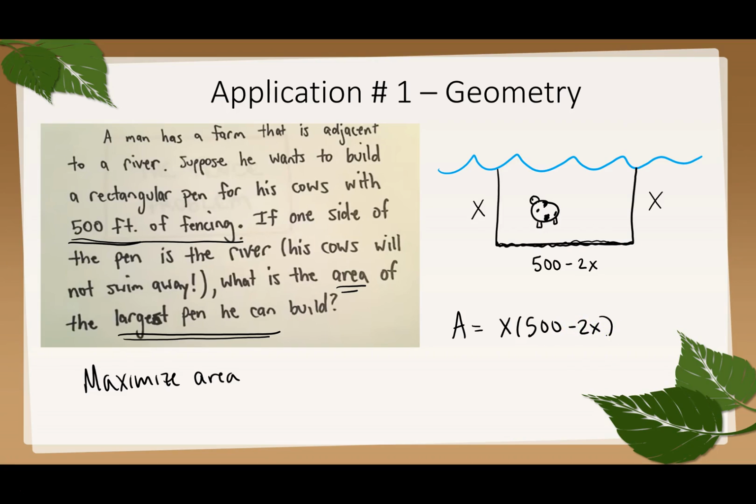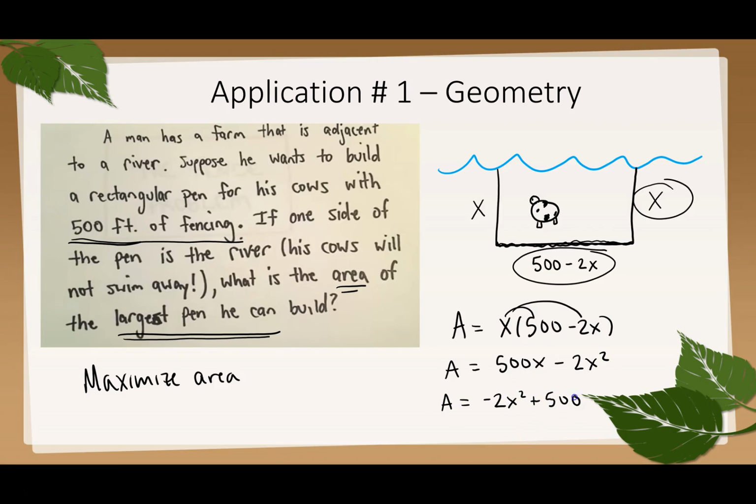That's length times width, or width times length. I'm going to multiply through. So I get area is equal to 500X minus 2X squared. And I can rewrite this in standard form as negative 2x squared plus 500x plus 0.